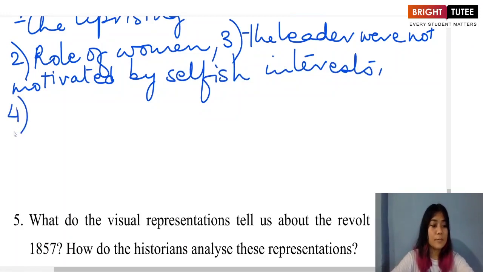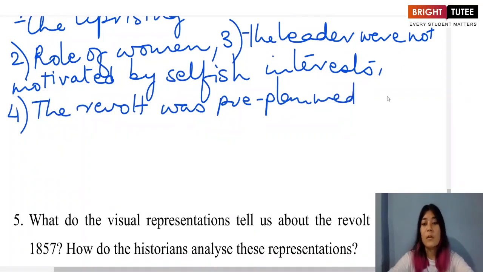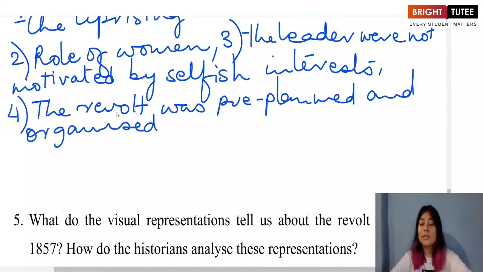Number four, the revolt was pre-planned and organized. They ensured unity among the Muslims and Hindus to come together and fight against the British.